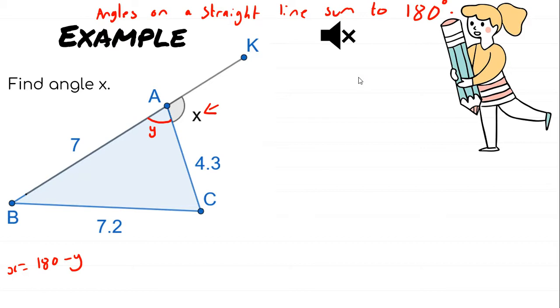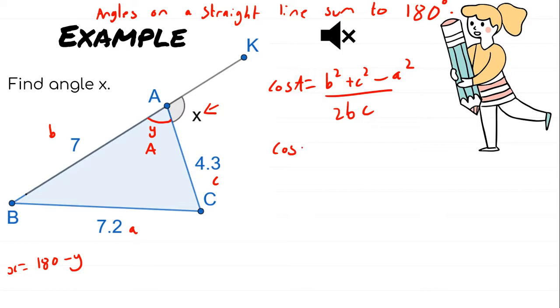At this point, we've got a standard cosine rule question because what we have is a triangle with three sides and an angle. So we can think of this as angle A, this is side A, this is side B, this is side C. And again, we can use our cosine rule. So I'm just going to write that formula out. Again, you've got this given to you.